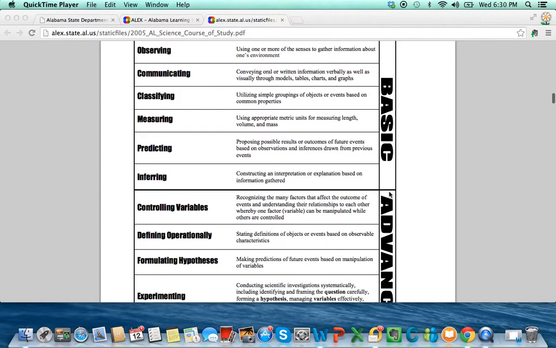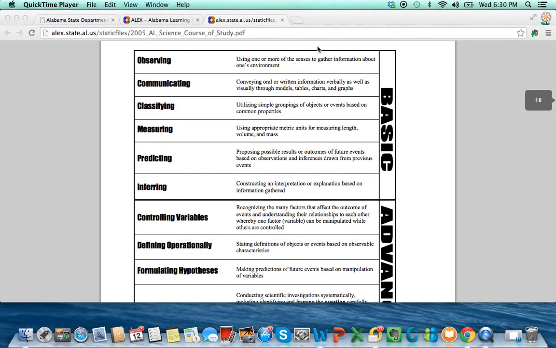But if you look on the left, in the first section here, it talks about the basic science skills: observing, communicating, classifying, measuring, predicting, and inferring. And I think that you would agree that those are not so different from the 7 practices that we're going to look at in the next generation science standards. There is some annotation over here to the right of each one of them to talk about what they mean by that particular skill.